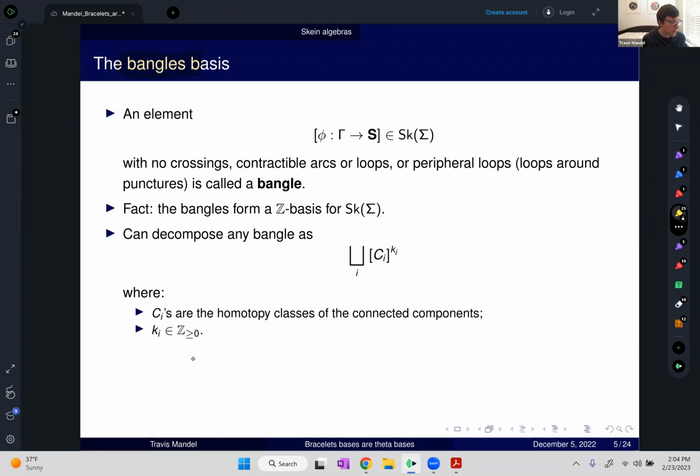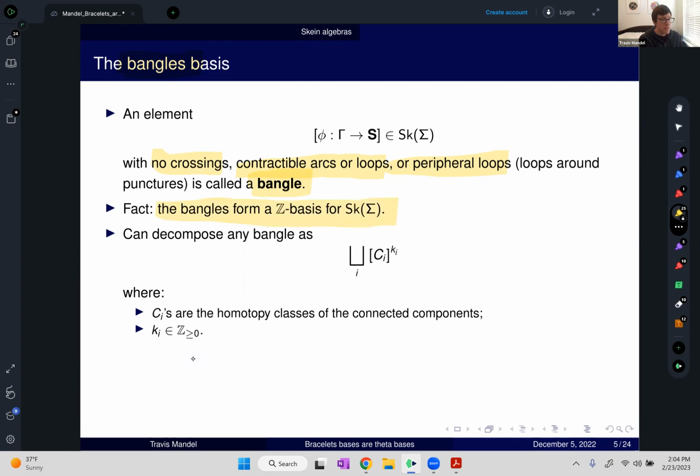If this element has no crossings, no contractible arcs or contractible loops, and no peripheral loops, remember those were loops that go around a single puncture, then we call it a Bengel, or a Bengel's element. And it turns out that the Bengels form a basis for the skein algebra.